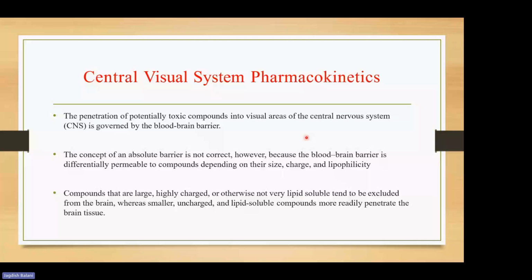In the central visual system also some barriers are available, also called the blood-brain barrier, which is not properly developed, but to some extent it helps control or prevent the travel of toxicants. Compounds that are large, highly charged or otherwise not very lipid soluble tend to be excluded from the brain, whereas small uncharged or lipid-soluble compounds readily penetrate the brain.